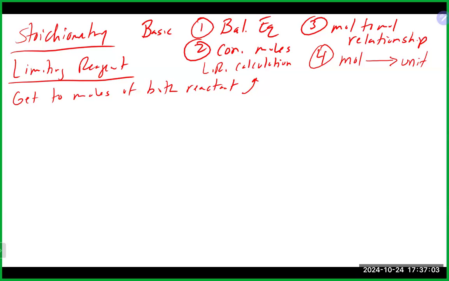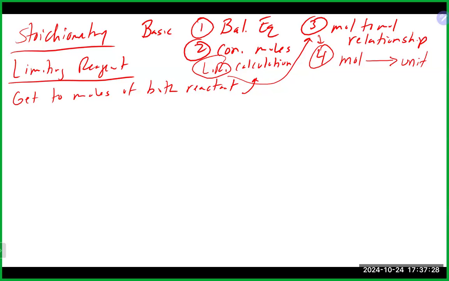And when you figure out how much you would need, you would compare it to how much you started with of that reactant. And if you did have enough, it would be the excess reagent. If you compare it to your starting amount and you did not have enough, then it would be your limiting reagent. Once you determine the limiting reagent, obviously that is what you want to use for the rest of the steps in that case. And we demonstrated doing it that way.